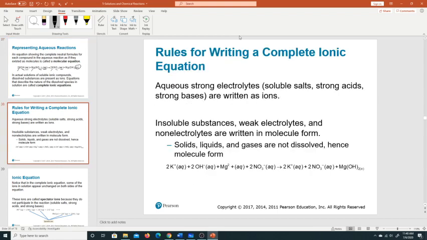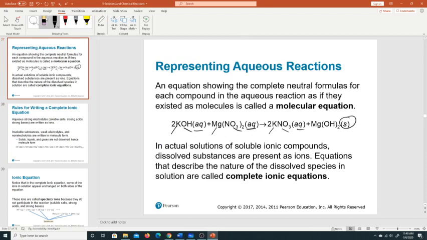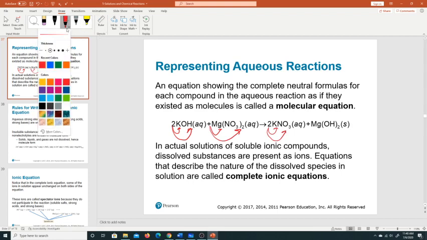So we end up getting the 2 here. We're going to multiply the coefficients times subscripts. So 2 times 1 KOH, 2 times 1 OH, 1 times 1 Mg, 1 times 2 NO3s, 2 times K, and 2 times 1 KNO3. Now when you do this, keep in mind polyatomic ions are groupings.